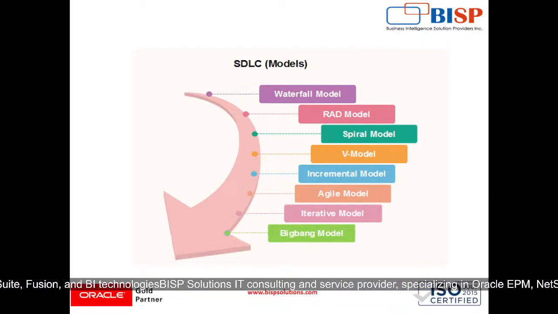Then comes our agile model, which is an iterative approach that delivers functionality in small increments. For example, in NetSuite, it is ideal for complex projects requiring frequent customization and feedback, such as creating multiple suite scripts or workflows incrementally.